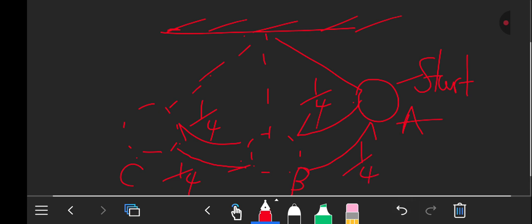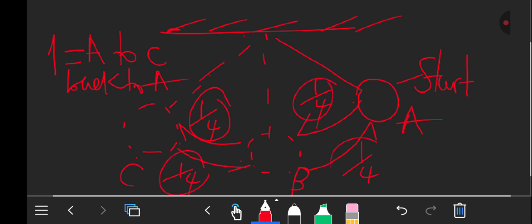So we discover that for one oscillation to be complete, it is from point A to C and also back to A. This is when it will make 1, because 1 over 4, quarter plus quarter, that is half, plus quarter, 3/4, plus quarter, that is 1 now.